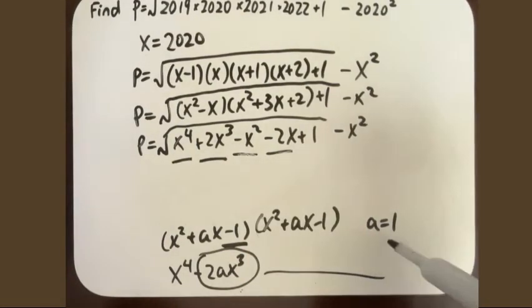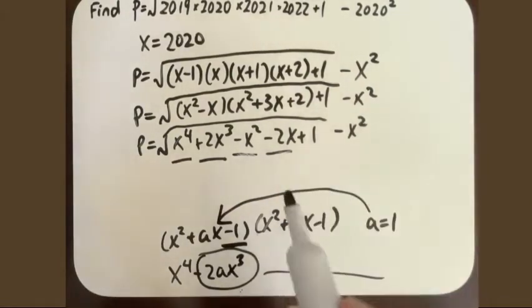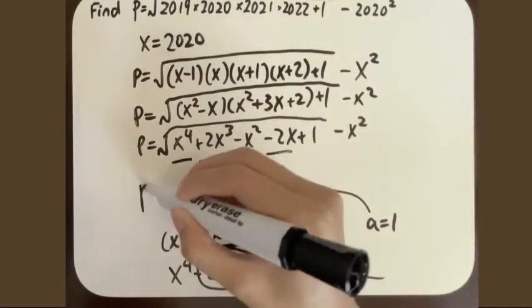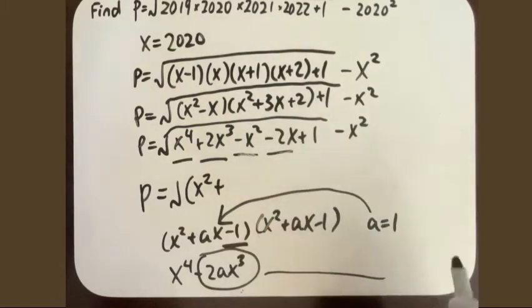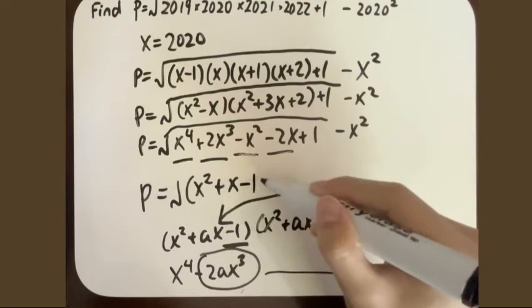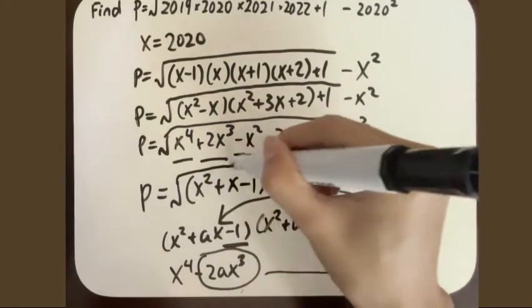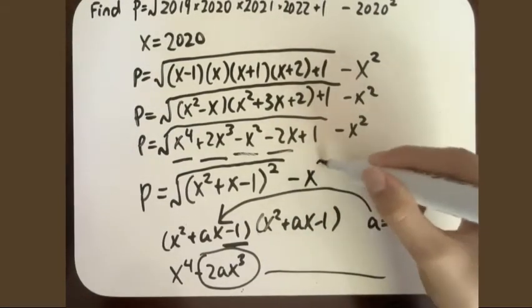So if we plug a back into this expression, we should be able to get the perfect square for this. And our root is easier. So p will be x squared plus x minus 1 squared, take square root of all that, minus x squared.